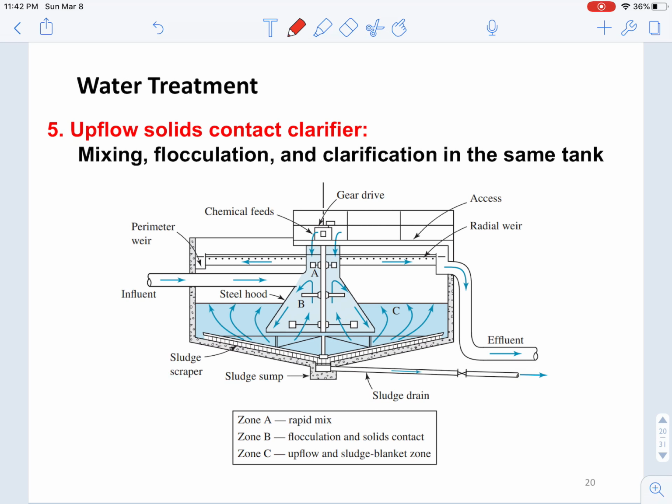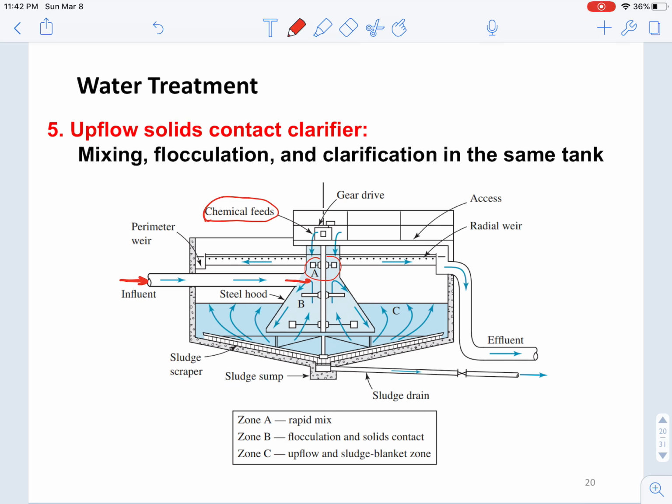If we look at the schematic, the influent is coming from this tube here. Once it gets into this conical shaped mixer, at the top we feed in these chemicals, which are the coagulants. And then here are small baffles that rotate at very large speeds.